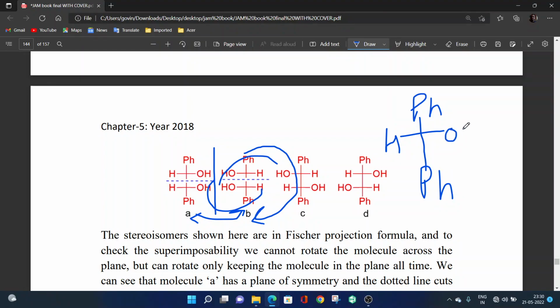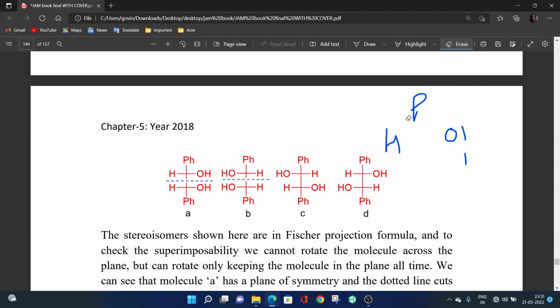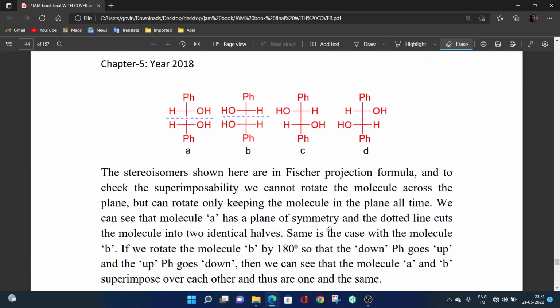Same thing happens for the down chiral carbon, and what we get is again the same OH and H, OH and H. So now it's very clear that these two are superimposable on each other. These two are superimposable on each other, and thus it's very clear that they are one and the same, and therefore the number of stereoisomers reduces, because now both are the same. So I cannot write A and B, I have to just write A and then C and D. So the number of stereoisomers is 3.